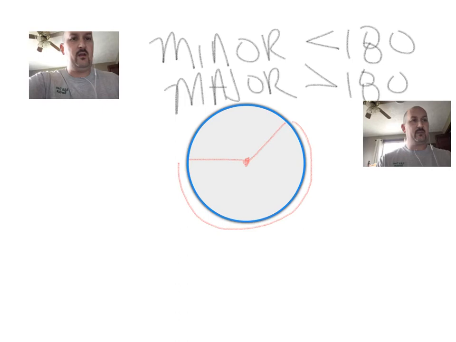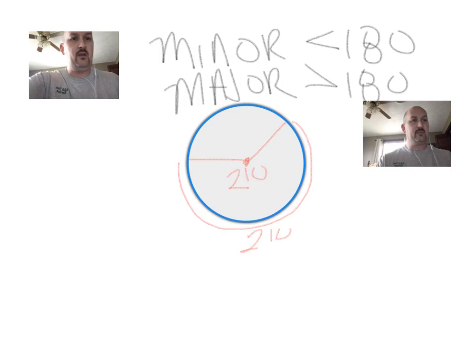You think of it as we're going and bending backwards. This is greater than 180 degrees. Call it whatever you want. Call it 210. If that's what the angle measures, then that's what the arc is going to measure as well, 210 degrees. So that's the difference between minor arcs, which are smaller than 180.